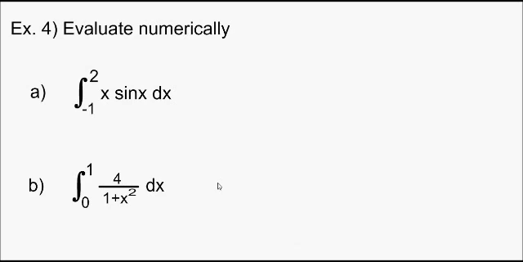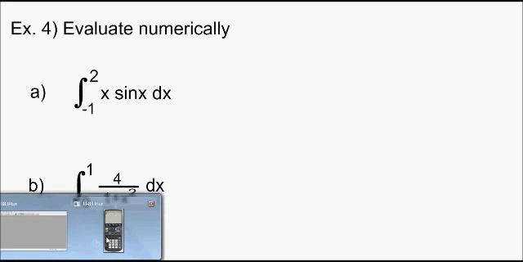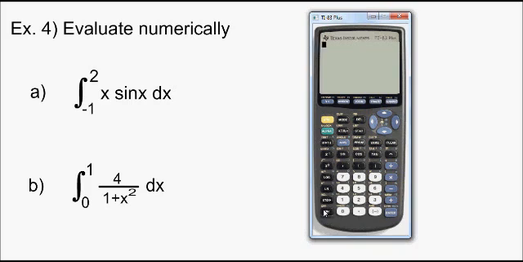Okay, example 4, evaluate numerically. And this is a very exciting moment for you because we're going to evaluate these integrals using the calculator. So turn on your calculator, hit the math button and go down to number 9. It should say FNINT, and hit enter. You enter the function written here, x sine x.